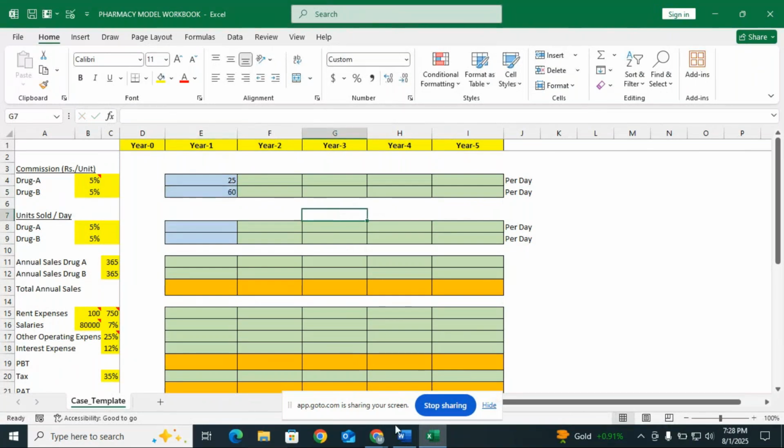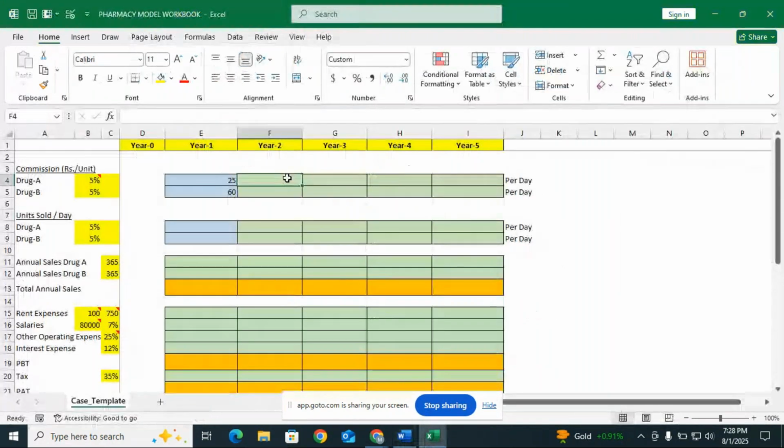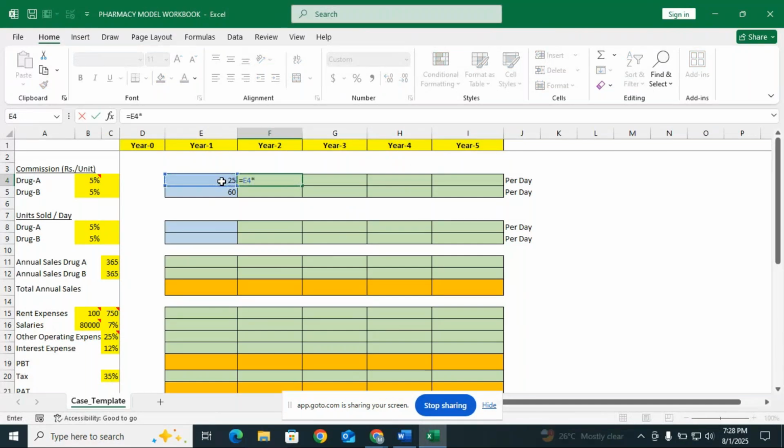Okay, and this price is expected to increase or grow by 5% every year for both the drugs. Okay, so 5% every year. So how do you do this? Equals 25 into, in the brackets, 1 plus 5%, 26.